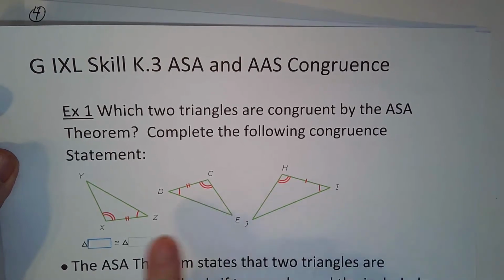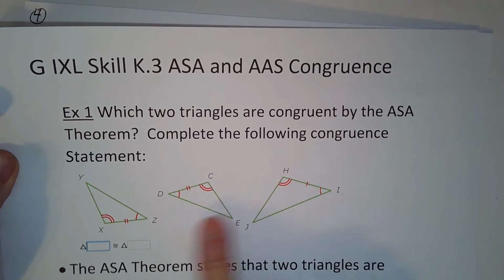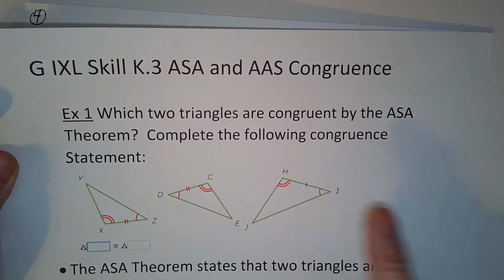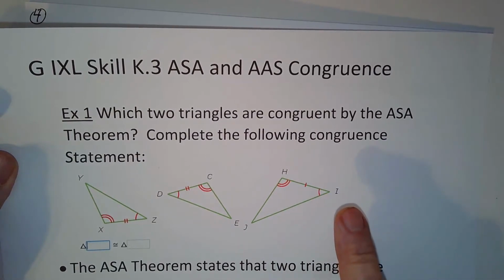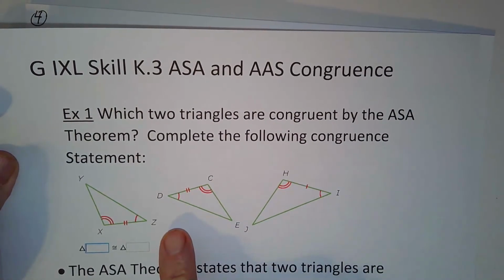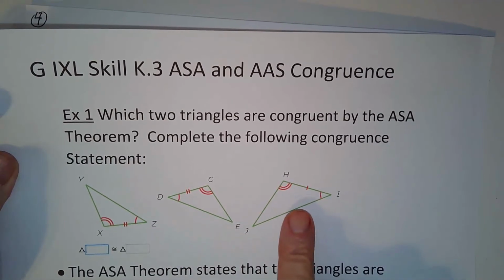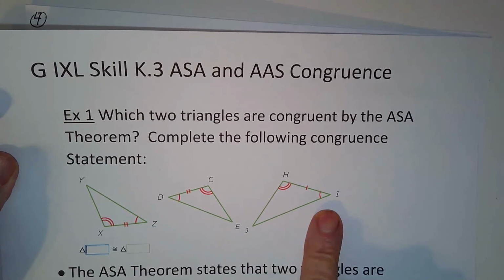We see that we've got one arc here, and we have the two arcs for the obtuse angle in question. So that seems to be in line.